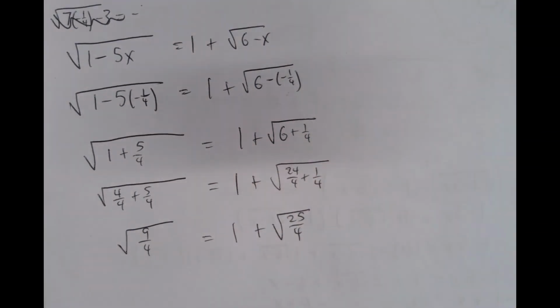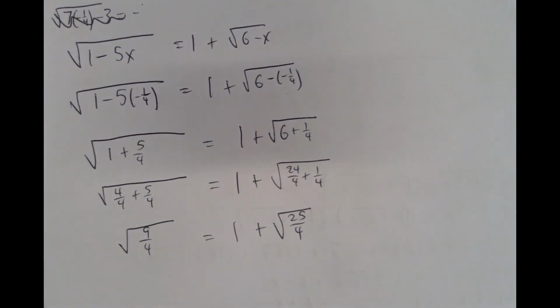Okay, so taking the square root of a fraction might seem kind of insane. But here, you could just take the square roots individually, the top and the bottom, and that would be your answer. So the square root of 9 over 4 is the square root of 9 over the square root of 4. Right, 3 divided by 2.